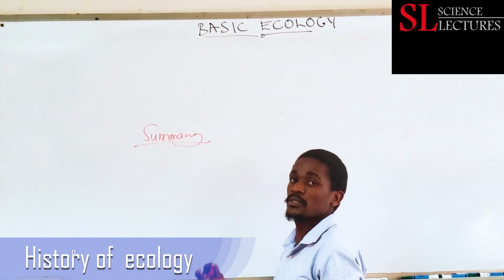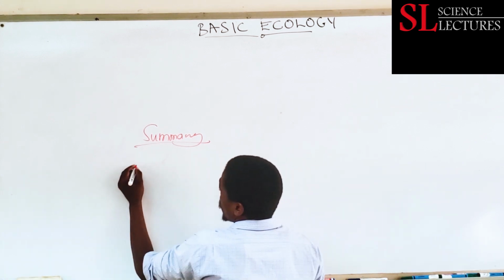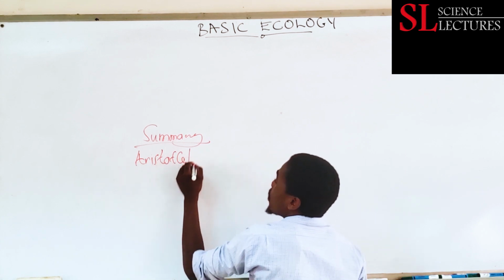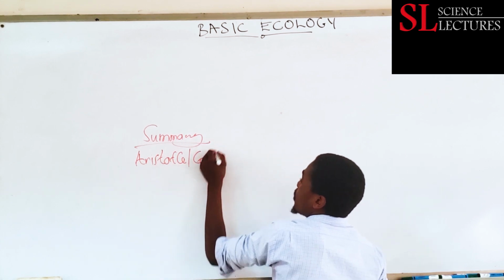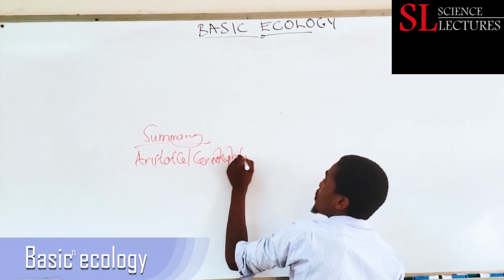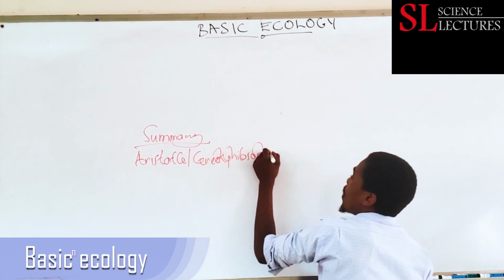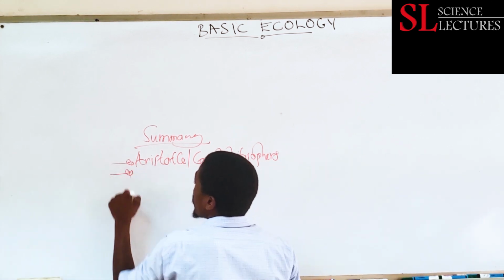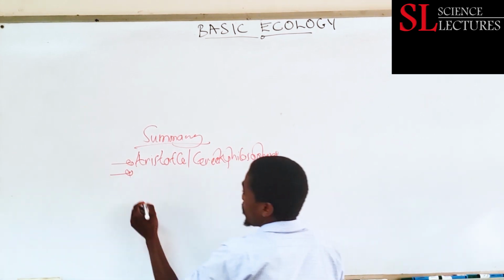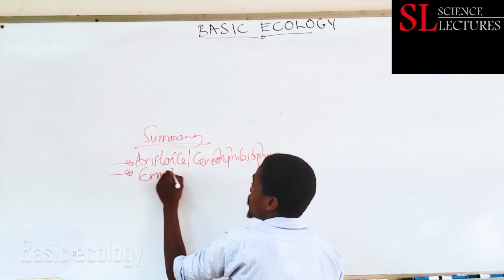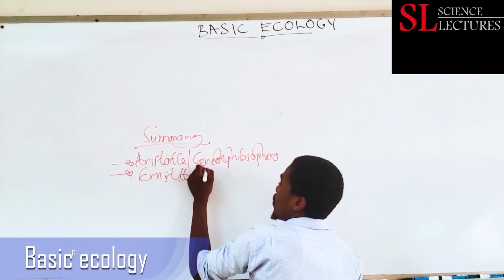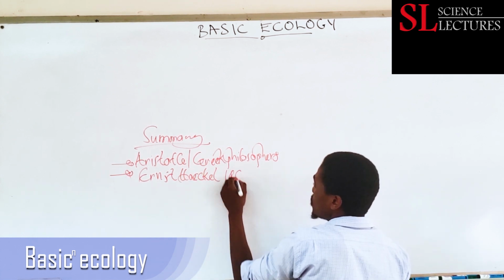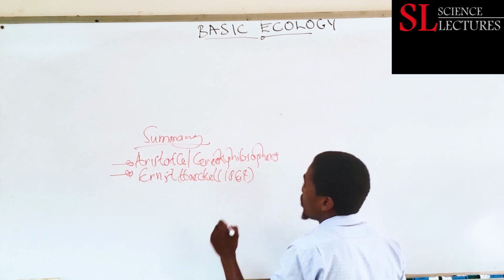Initially, ecology topics were referenced by Aristotle and other Greek philosophers. These are the first major players within our field of ecology. Then the first person to coin the term ecology is a German biologist by the name of Ernst Haeckel, in the year 1869.